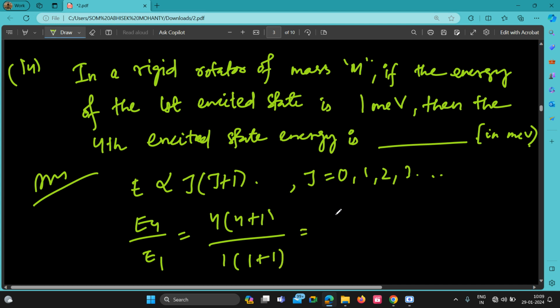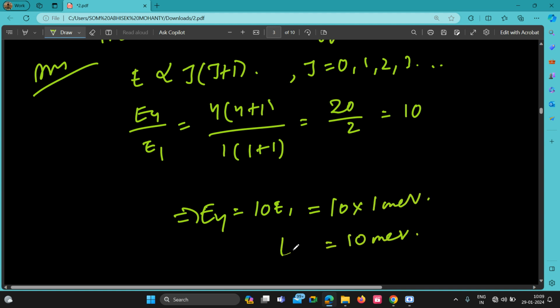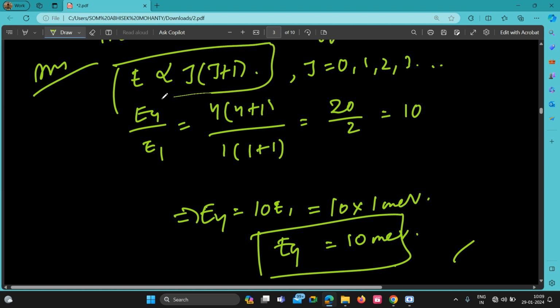That is 20 by 2, equal to 10. So E4 is 10 E1, that is 10 into 1 meV, that is 10 meV. See how easy this one is. Just remember E is proportional to J into J plus 1, then you can solve this question very easily.